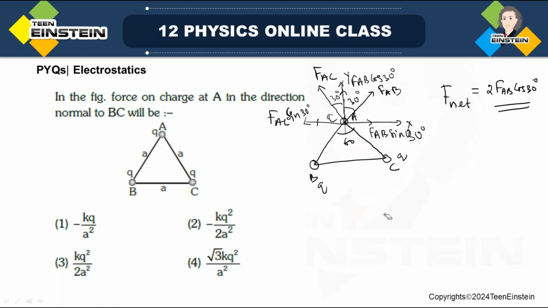Here 1 by 4 pi epsilon naught is taken as K. So FAB is equal to K q square by the distance, which is a over here, isn't it? Distance is a, so a square. This is the force, and obviously this will be a repulsive force.